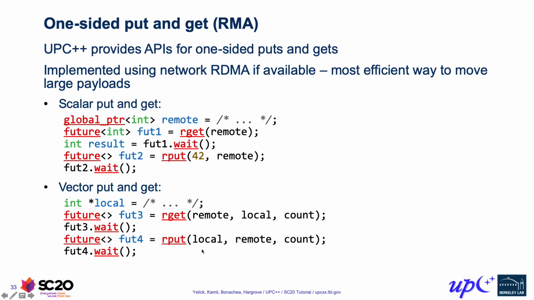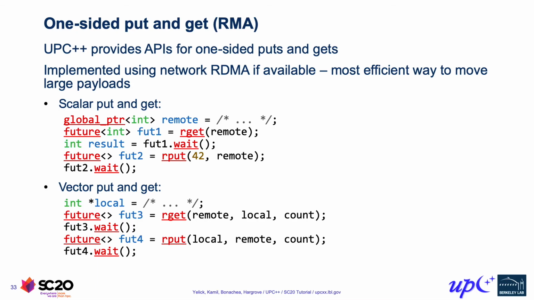And again, what this does is it initiates a one-sided transfer of the data values from the local memory to the potentially remote memory. And once again, we don't get any values back as the result of the operation. Rather, we just get a notification that the transfer has completed. So we get an empty future, which we can then wait on to ensure that the operation has indeed completed.